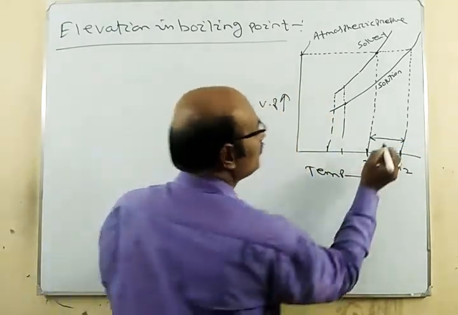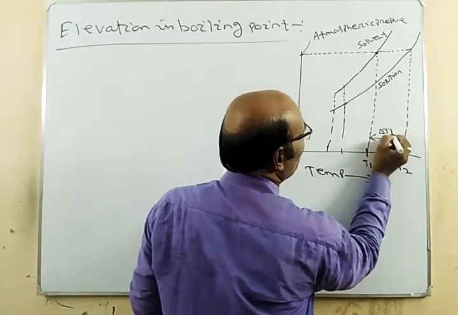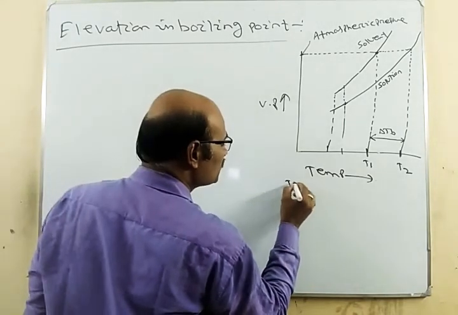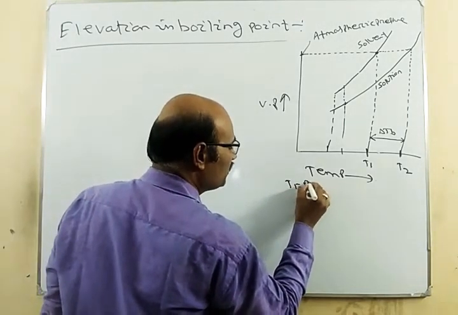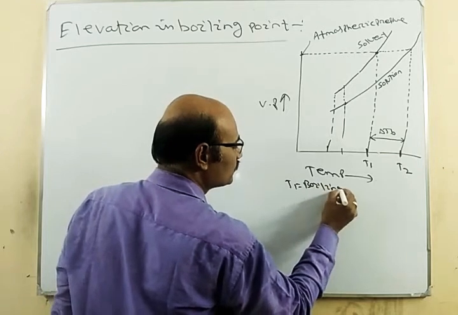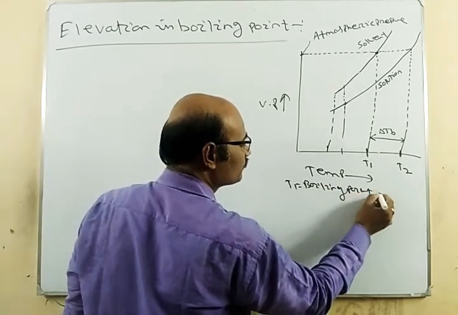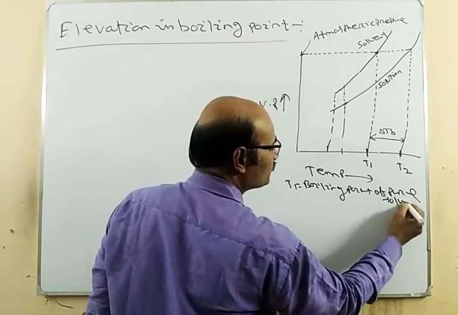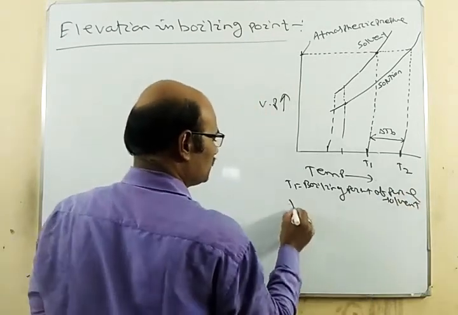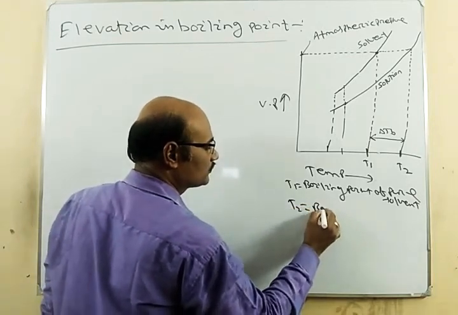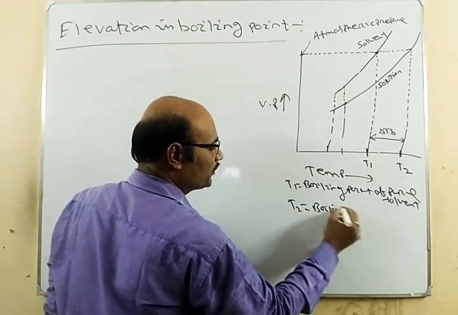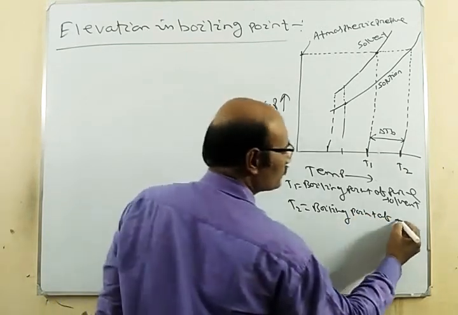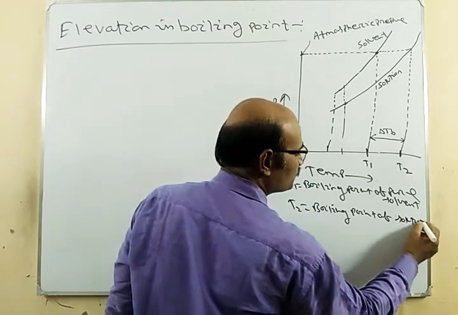This is called delta TB. So T1 is the boiling point of pure solvent, T2 is the boiling point of solution.